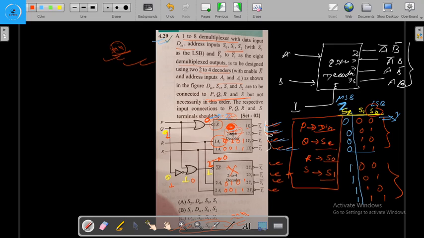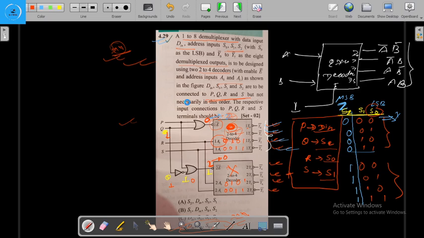So the output of this signal, or P, must be connected to S2, this A1 must be connected to S1, and this A0 must be connected to S0. Similarly, please solve this question by yourself once again.